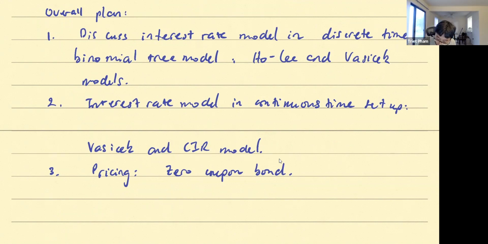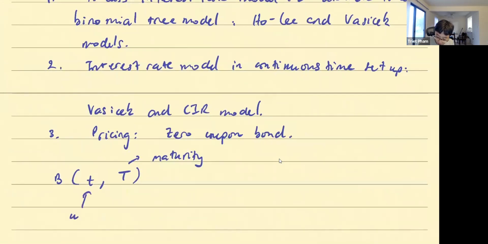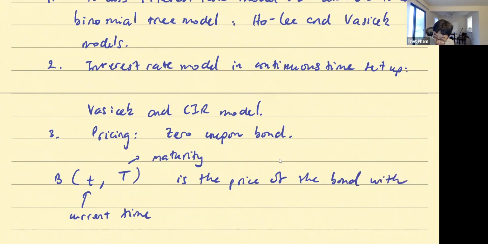So let's say we denote B(t, T), with capital T as the maturity time or expiration, and little t is the current time. It is the price of the bond with maturity time T and face value 1.